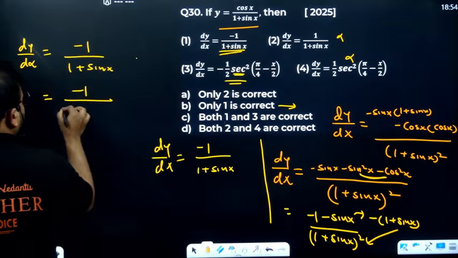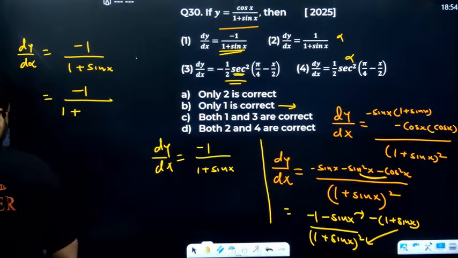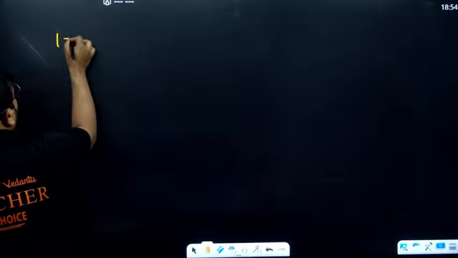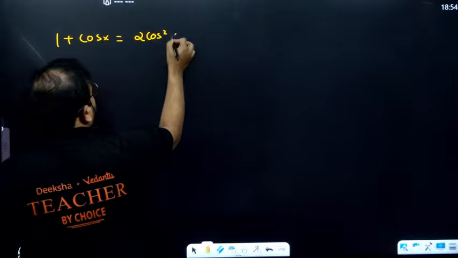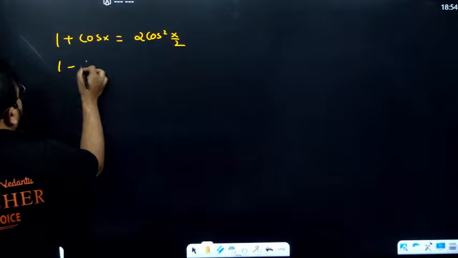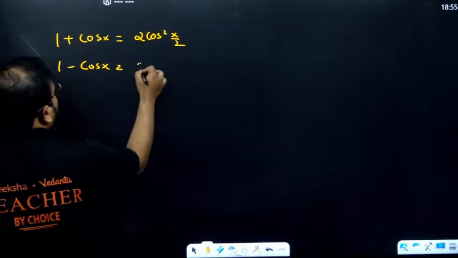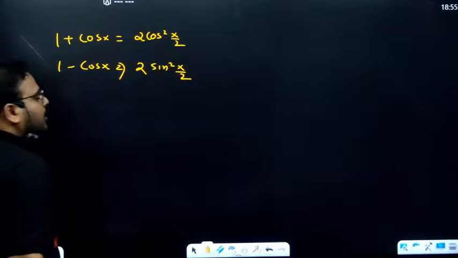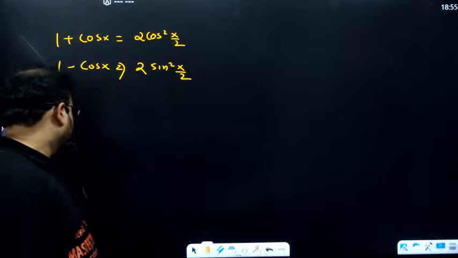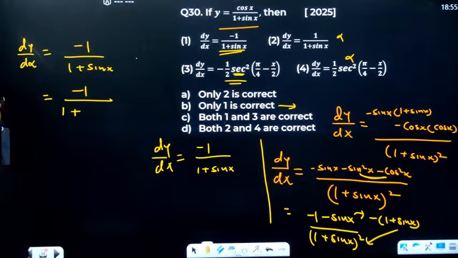So I need to convert this into cos. If you remember the formula we have is 1 plus cos x is 2 cos square x by 2 and 1 minus cos x is 2 sine square x by 2, the half angle formula. Identity basically.